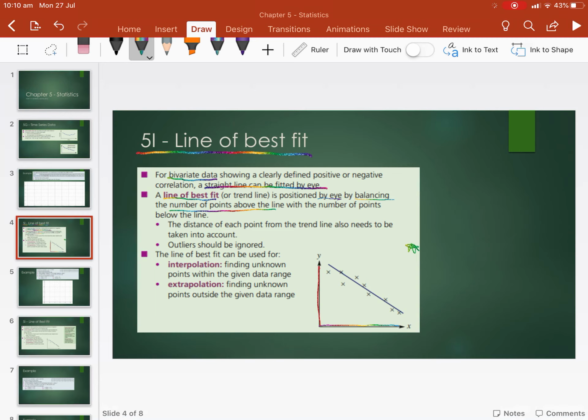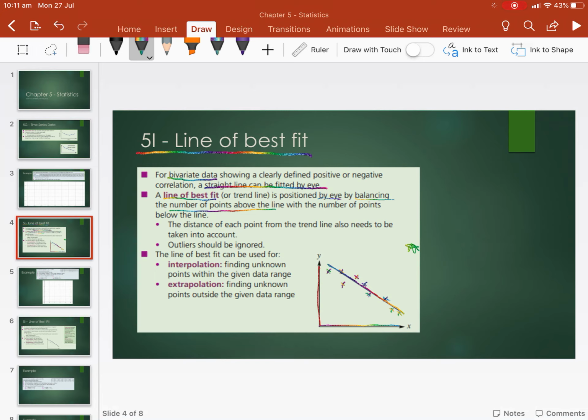So for this one, we can see that there's 1, 2, 3, 4 on this side, and on the other side, there's 1, 2, 3, 4, 5. So obviously there's an uneven thing, so that's okay, but it's pretty much even, so points on the top and points below the line. Okay, so it's pretty even. And from this one, we can see that our points are getting negative. Okay, there's a negative correlation because the line's going down. Okay, so that's how we fit the line of best fit.